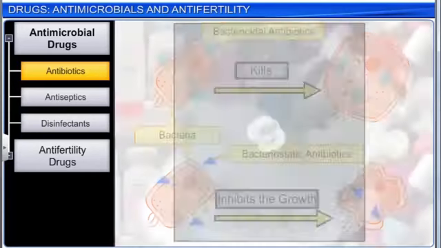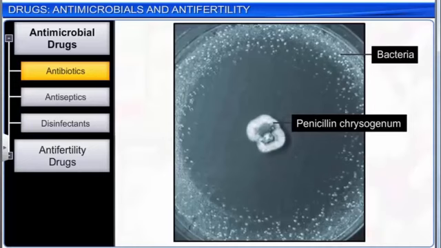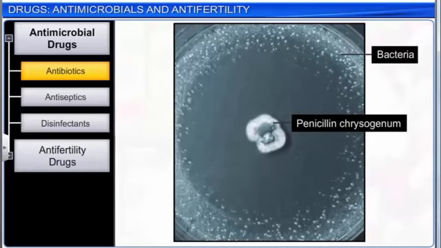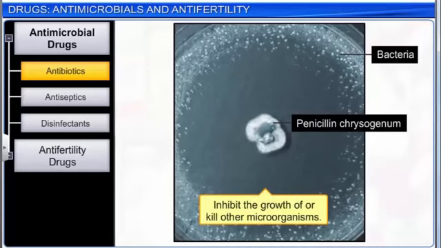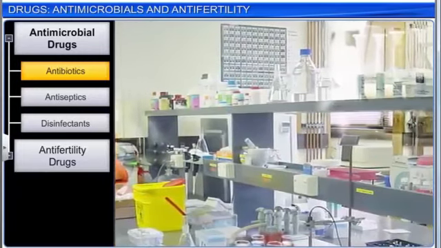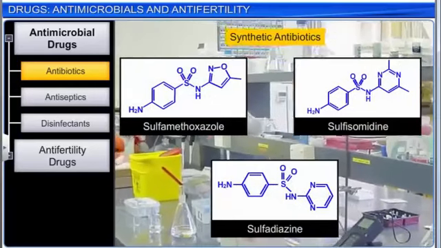In the earlier days, antibiotics were defined as chemical substances produced by a microorganism, which inhibit the growth of or kill other microorganisms. With the advent of synthetic methods of production, purely synthetic antibiotics were produced.